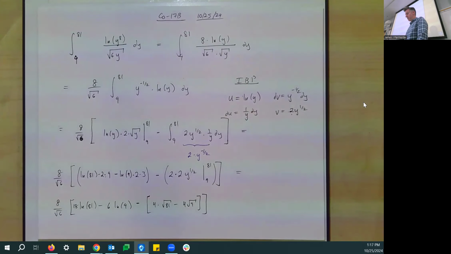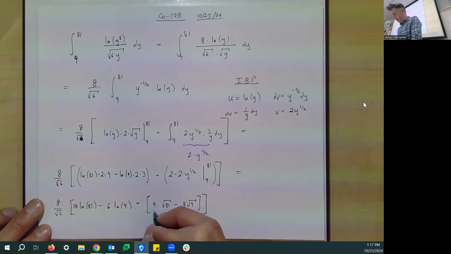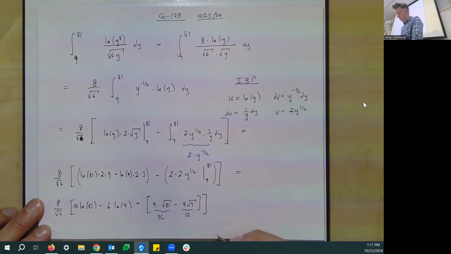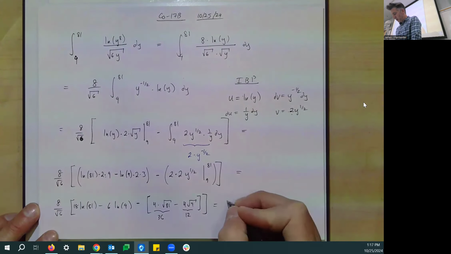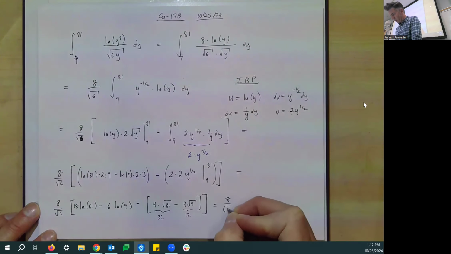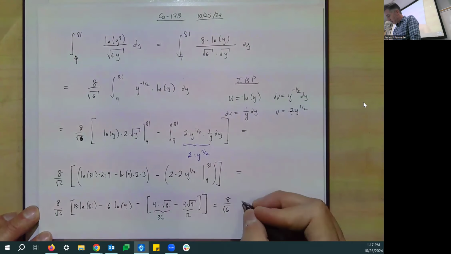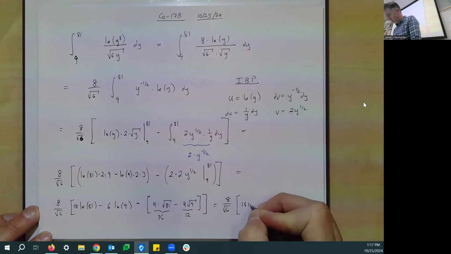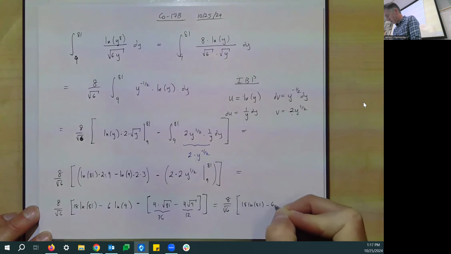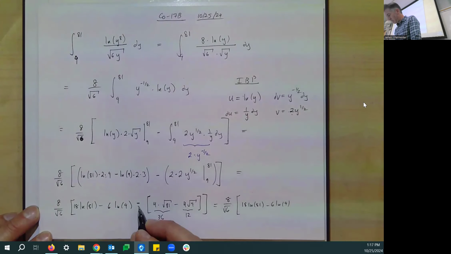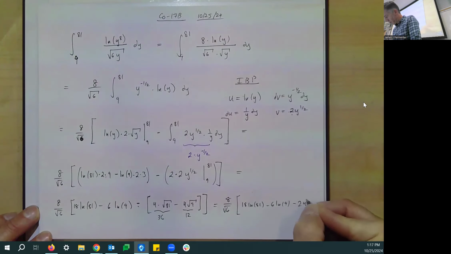And then we could simplify this further, right? This should be 4 times 9, which is 36. This should be 4 times 3, which is 12. So at the end of the day, we get something awful like 8 over root 6, or 8 over 6 if it was actually this problem, times 18 natural log of 81, blah, minus 6 natural log of 9, minus 24. Gross.